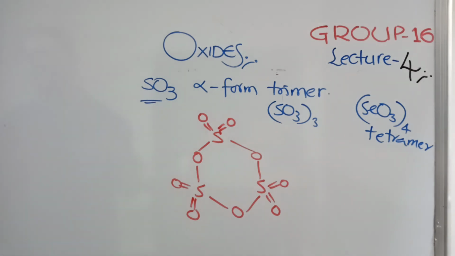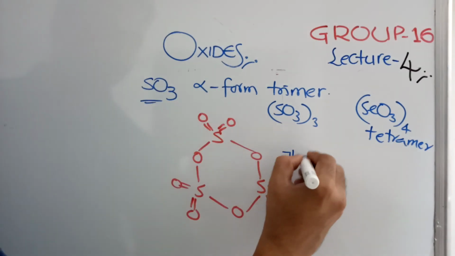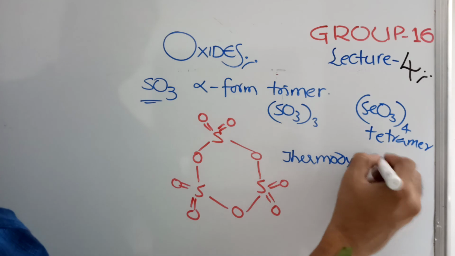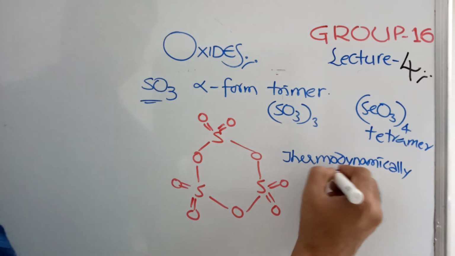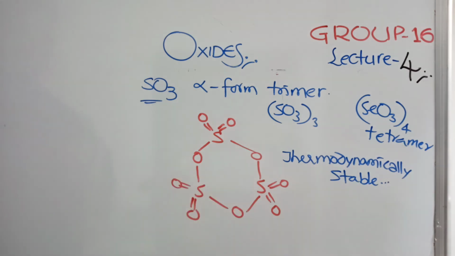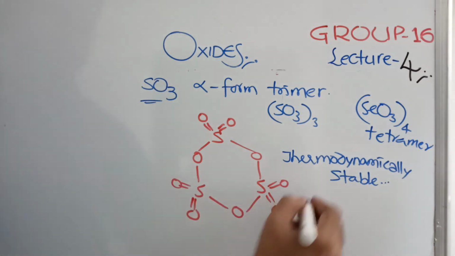So the specialty of this alpha trimeric form is that the cyclic form is thermodynamically the more stable form, and kinetically it is labile.